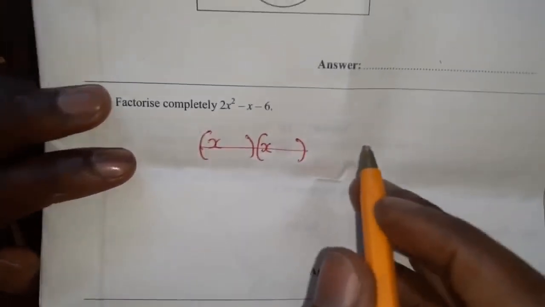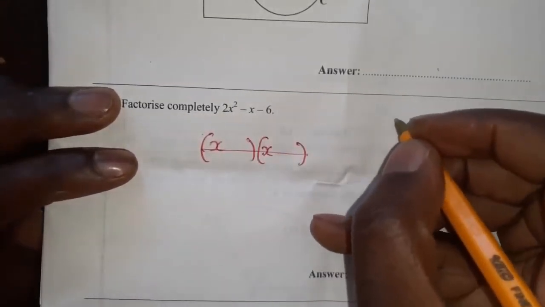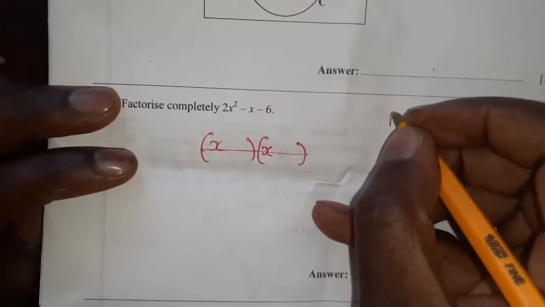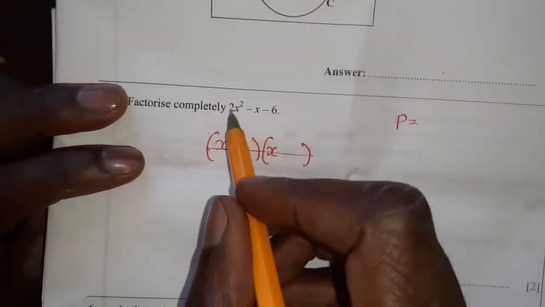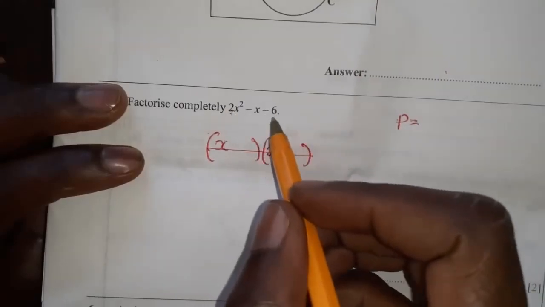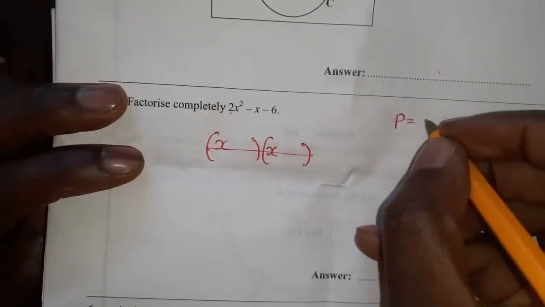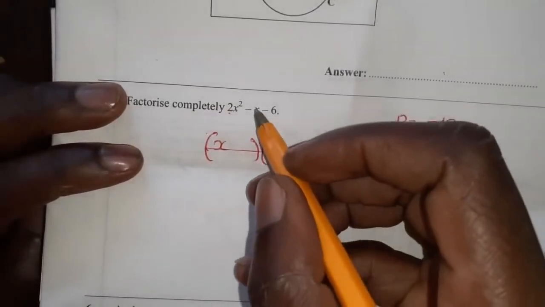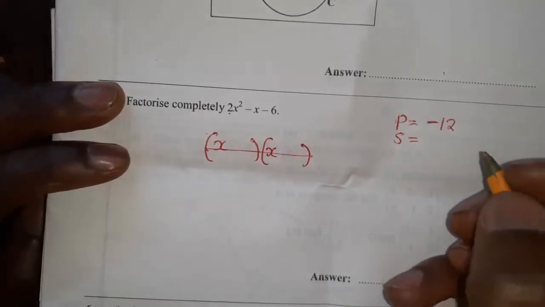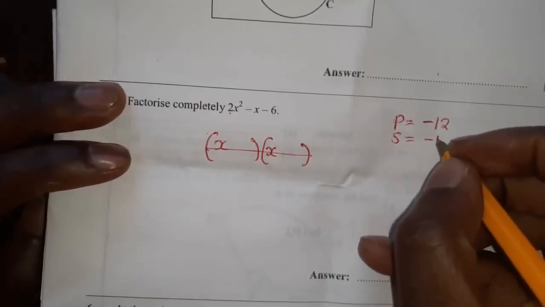Or, okay, let's cancel this one. Let's say we have, let's come up with this product. We multiply 2 by this constant, which is -6. It's -12. And our sum is the coefficient of this variable that is not squared, which is -1.